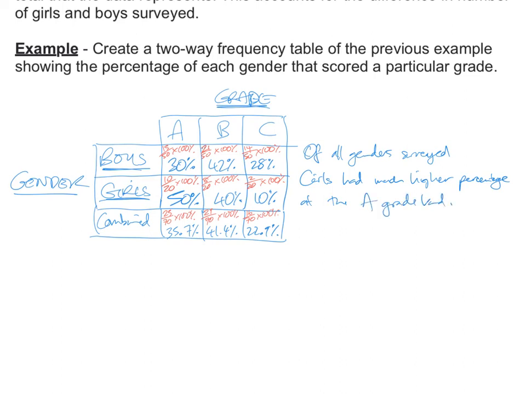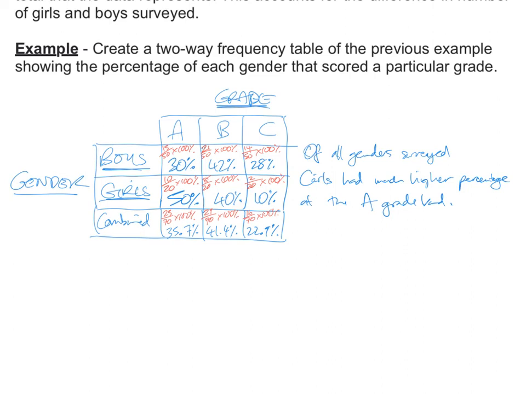Half of the girls got A's, whereas only less than a third of boys got A's. There was more of a lean towards boys scoring B's, but it was pretty similar. More boys got C's than girls did by almost 3 times.